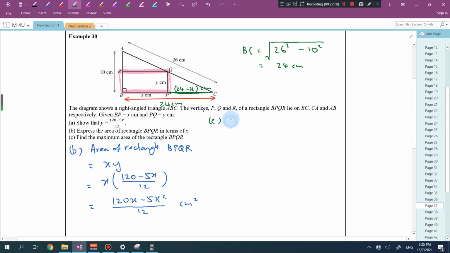So area, I just write A to represent the area of rectangle BPQR, is equal to 120x minus 5x squared over 12. You can start to differentiate it. If you feel that it is complicated, you can actually change it. They are sharing the same denominator, right?